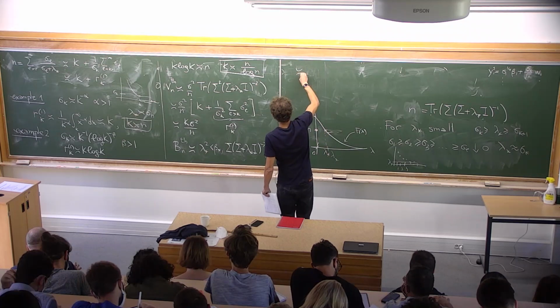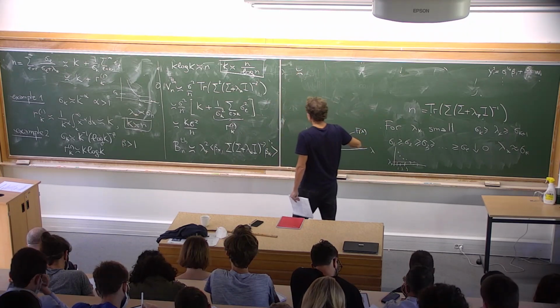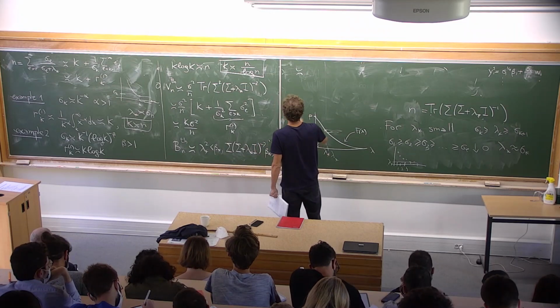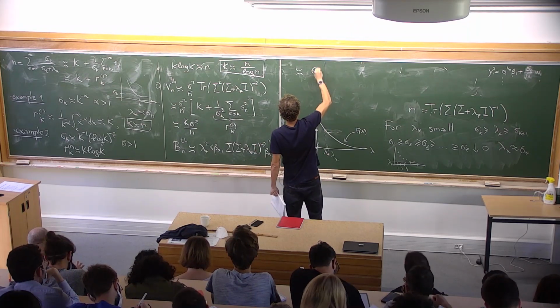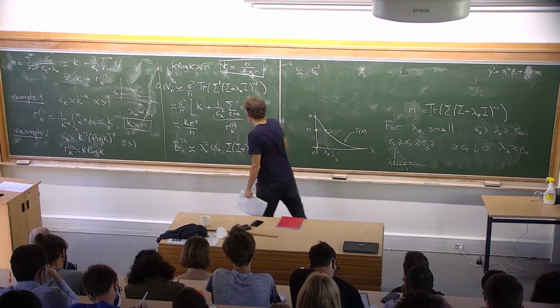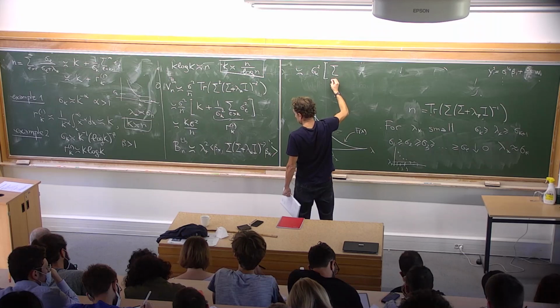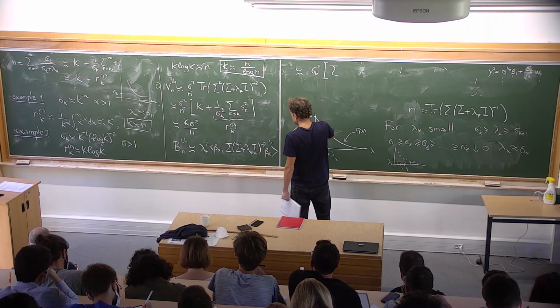And now again, up to constants, I can go in the basis in which sigma is diagonal. So you get sigma k square, this is for the lambda star square. And then I get the sum over all the L less than k.